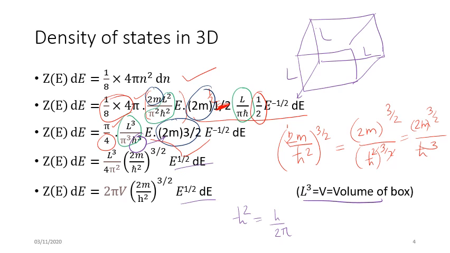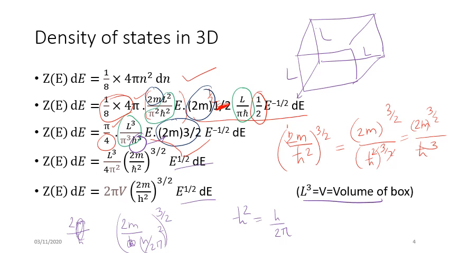I will just show. So twice m divided by h cross square, where h cross is h upon 2 pi, this whole squared, and the whole raised to 3 by 2.